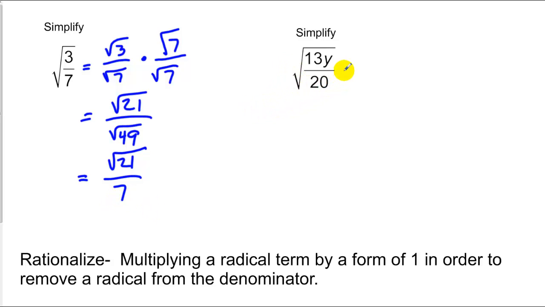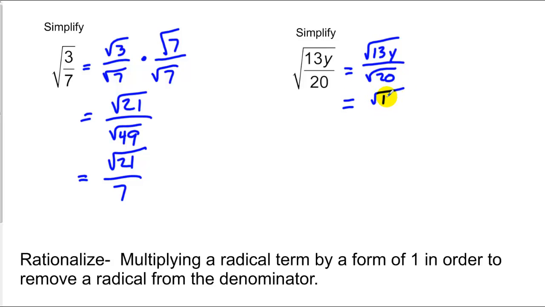In this next problem, again, I can't reduce the 13 and the 20 at all, but I can split the two up. And now I see within my denominator, I do have a square root, but within that square root, there are perfect square factors. So I'm going to break that down.